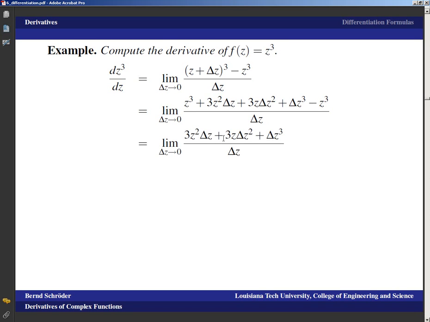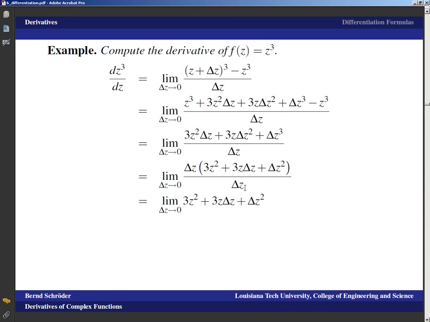That leaves us only with terms in delta z in the numerator, which is what should happen if the derivative can be computed. And then, to be absolutely sure, to avoid any kinds of problems, I typically suggest that we explicitly factor out the delta z to get the limit delta z goes to 0, delta z times (3z squared plus 3z delta z plus delta z squared) divided by delta z.